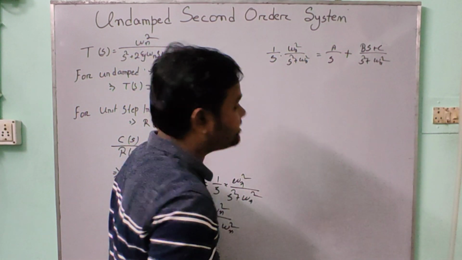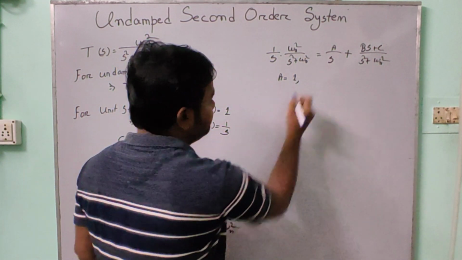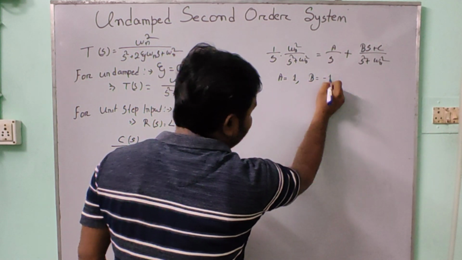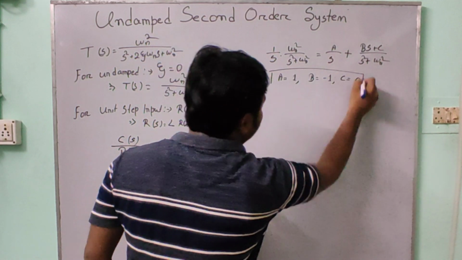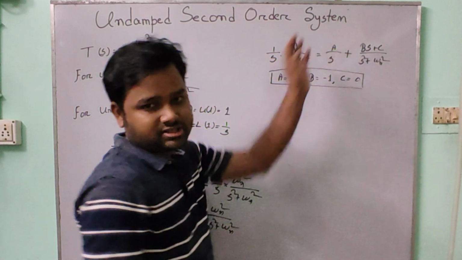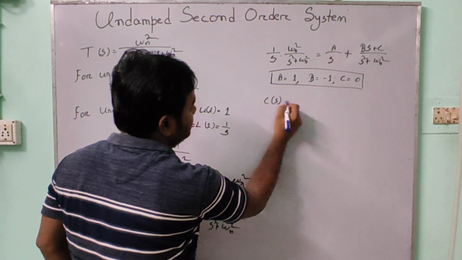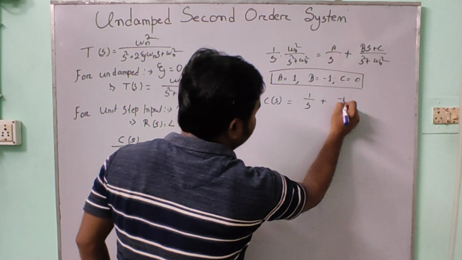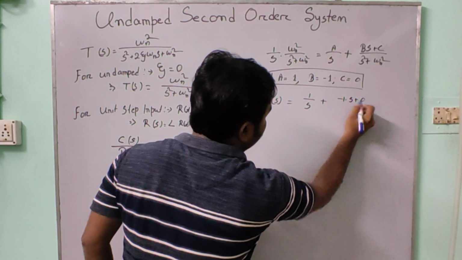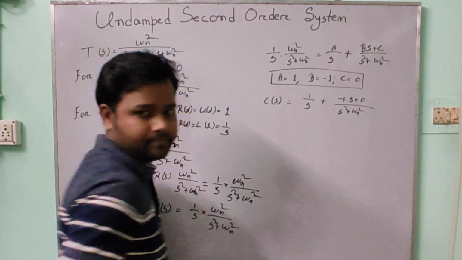By making partial fractions, we get a equal to 1, b equal to minus 1, and c equal to 0. We can get these three values using partial fractions. So C(s) will be 1 by s plus (minus 1 into s plus 0) divided by s square plus omega n square.